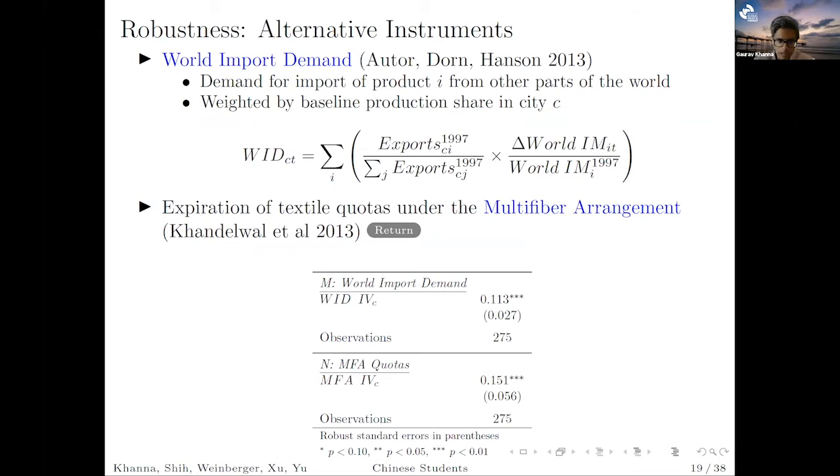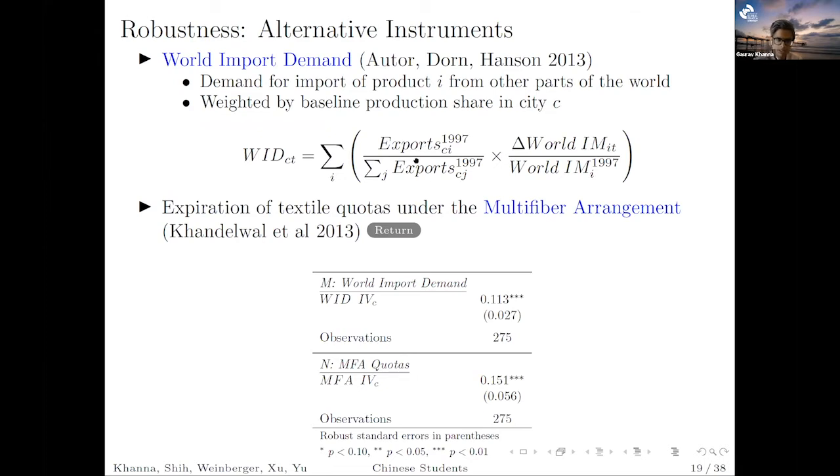I won't go into these in too much detail, but there are two other identification strategies that we actually use. One is the world import demand, which is essentially the Autor, Dorn, Hanson China shock IV, which has to do with, again, the baseline production share.